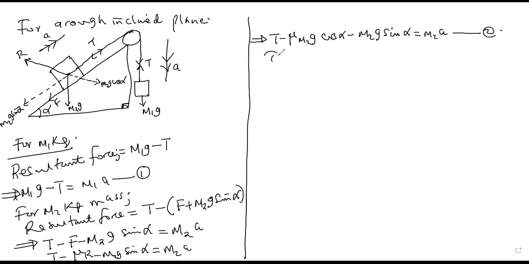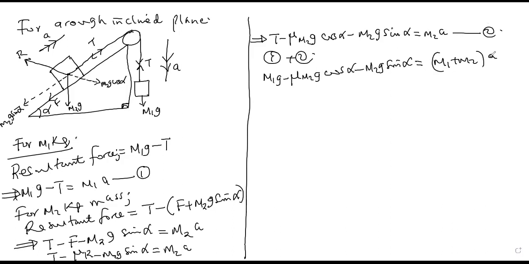So if I add 1 and 2, T will go with the T, so I'll be having m1g minus mu m2g cos alpha minus m2g sine alpha is equal to m1a plus m2a, which is m1 plus m2 times a.